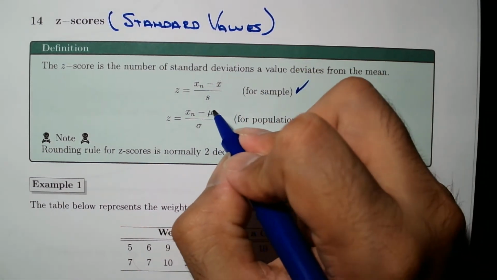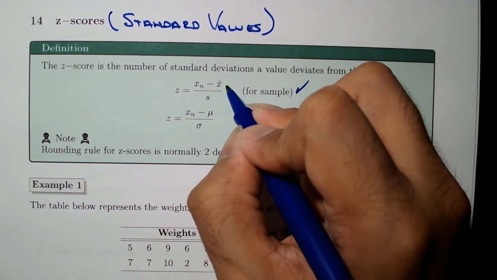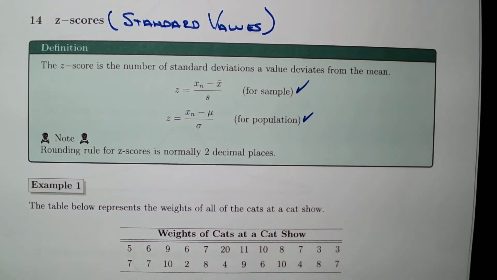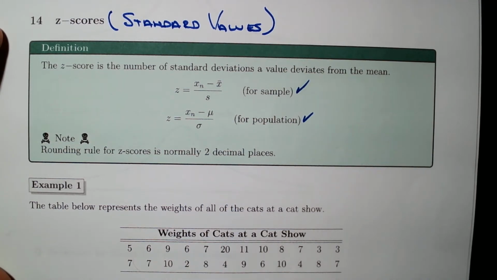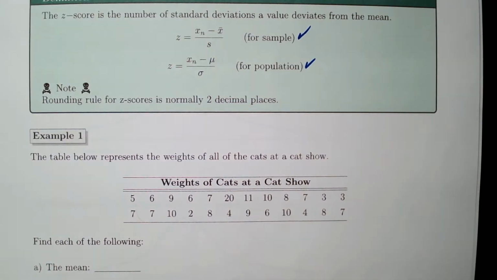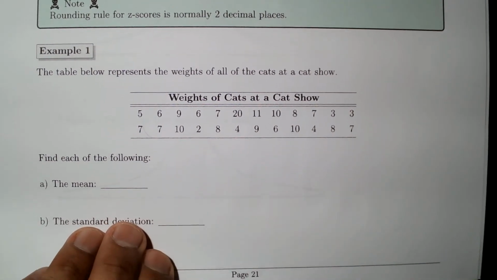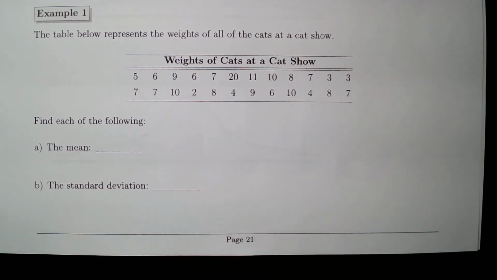However, what changes is the Greek letters for population and s and x̄ for the sample. Okay. The rounding rule of z-scores is 2 decimal places. That's typically what we do. There are other distributions that go with 3 and with 4, but those are going to come later in the semester. So let's see, we have an example here.